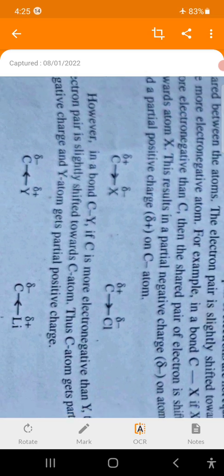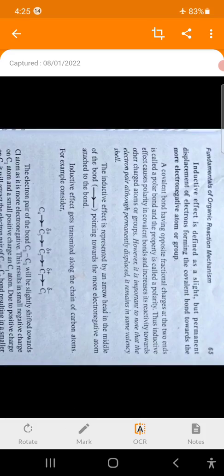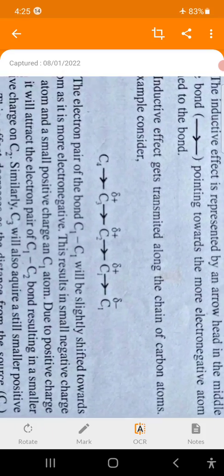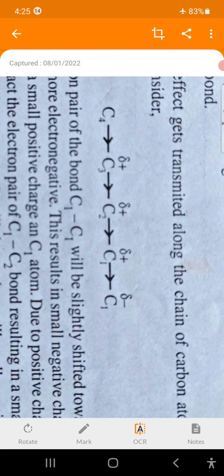The power of the inductive effect decreases as chain length increases. If a more electronegative group is attached to the C1 carbon, then as the length increases from C2 to C3 to C4, the pulling power goes on decreasing.